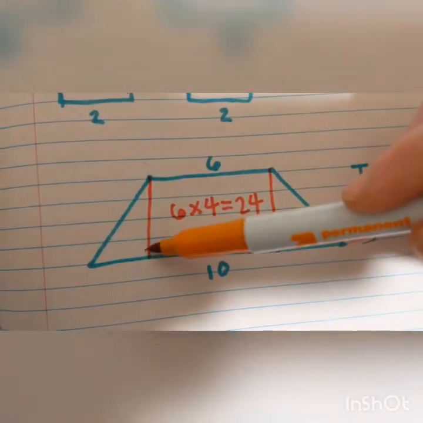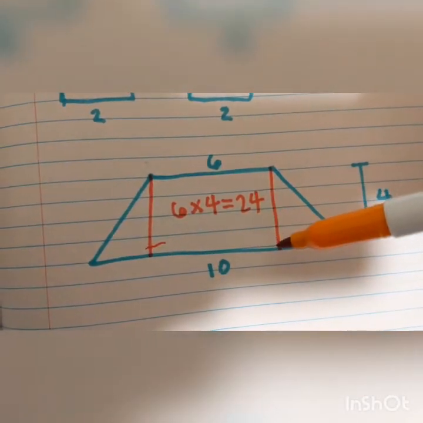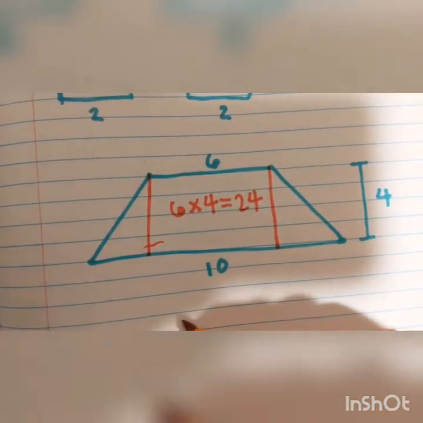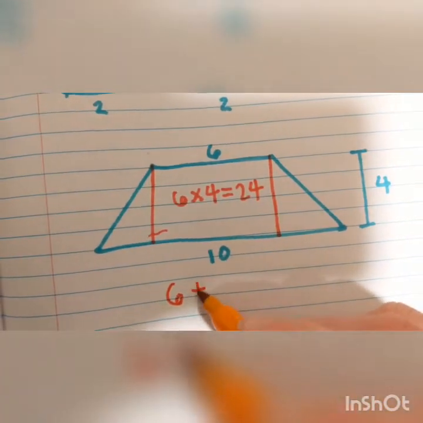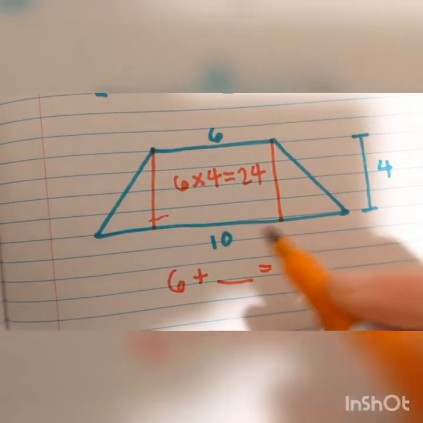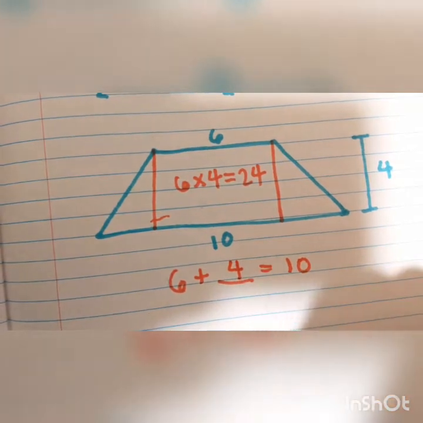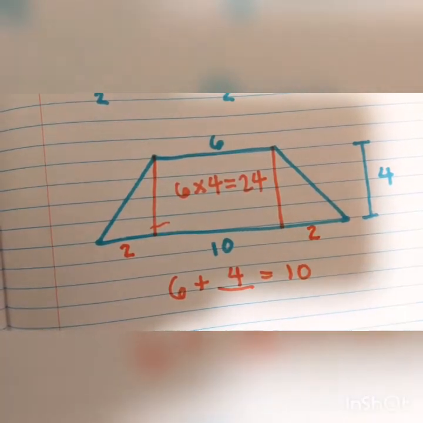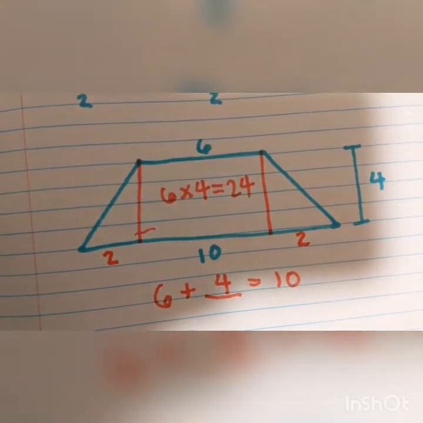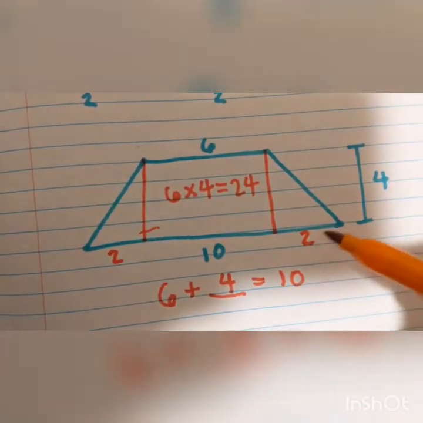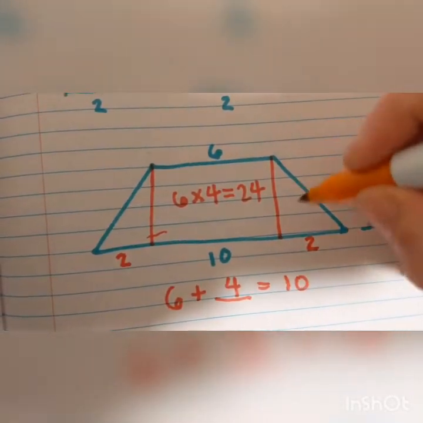So, okay, if this part is 6, and I know the whole thing is 10, then I'm going to think, okay, 6 plus what gives me 10? And I know that I need 4 more, so that means I'm going to need 2 on each side. So now I have 2 triangles, and each one is 2 by 4.